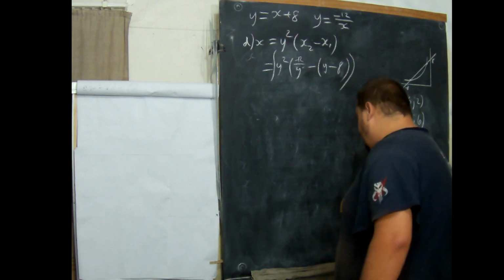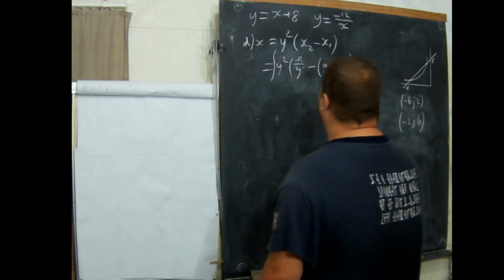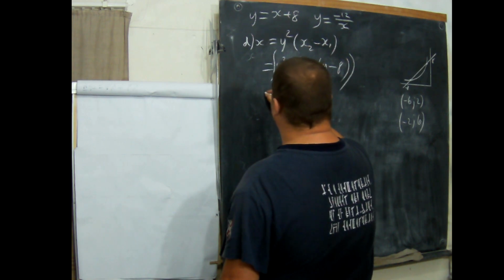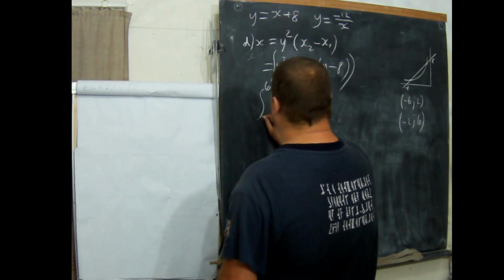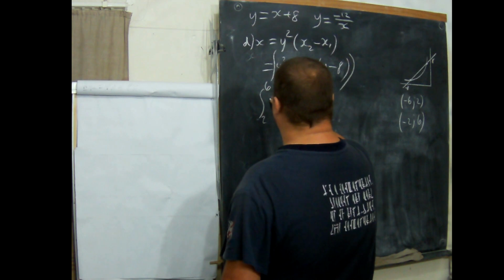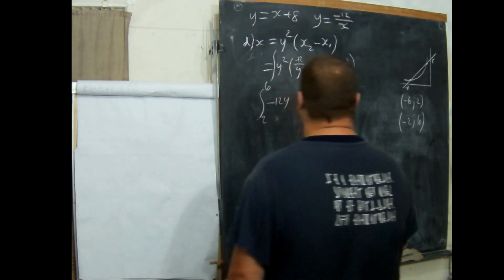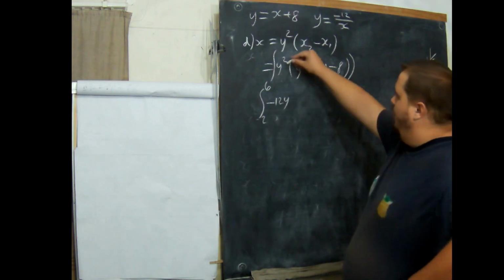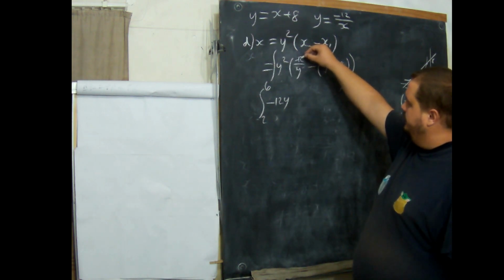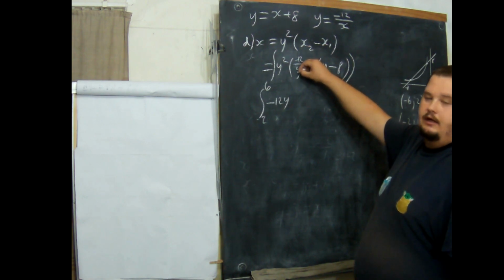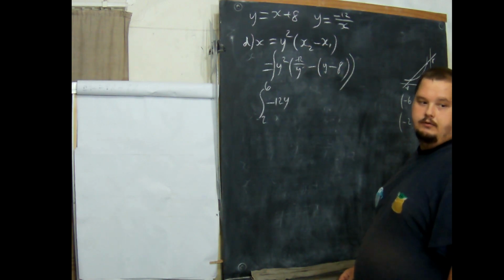So, now we multiply y squared in. The integral limits are 6 and 2, and that'll be minus 12y, because multiplying y squared by minus 12 over y gives y at the top.